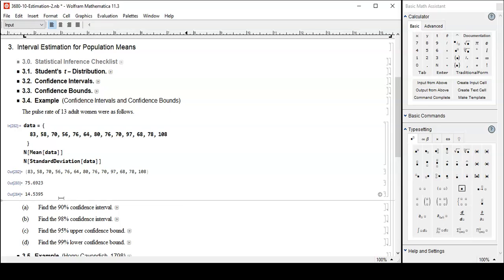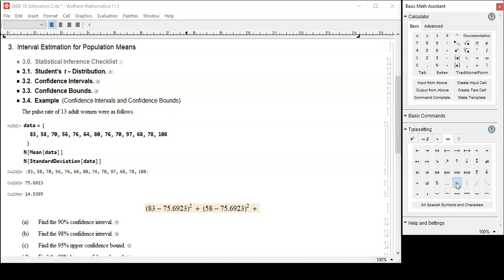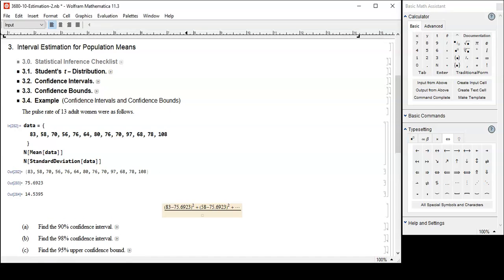Basically, you'll have to do this. So 83 minus this squared plus the next number, 58 minus this squared plus and so on and so forth, and repeat it 13 times until all the way to the end, and divide all these by 13 minus 1, and then we have to take the square root.